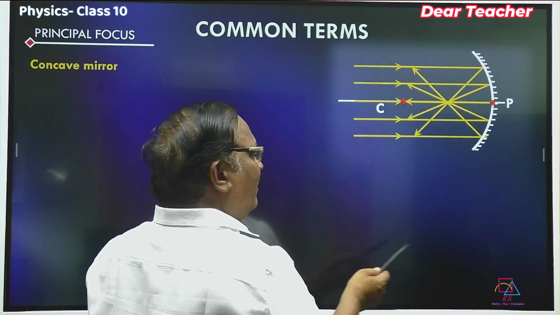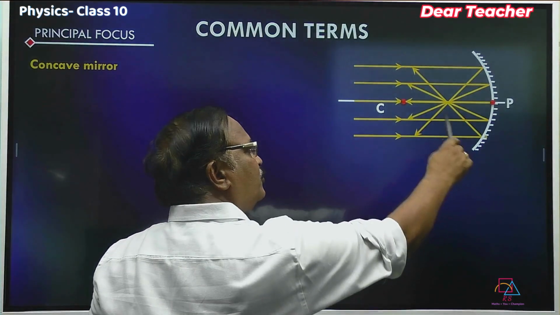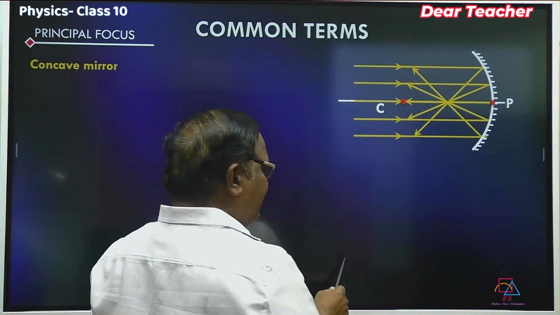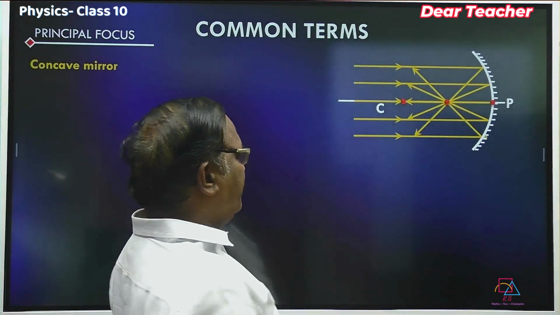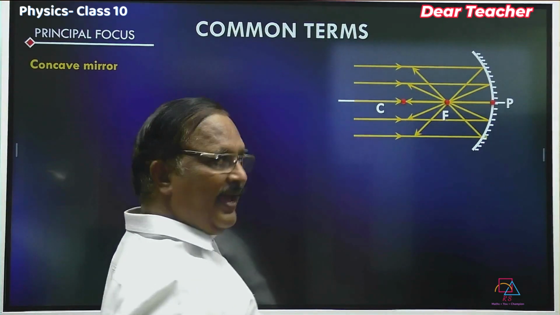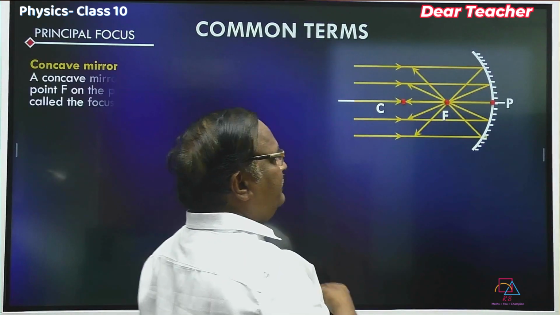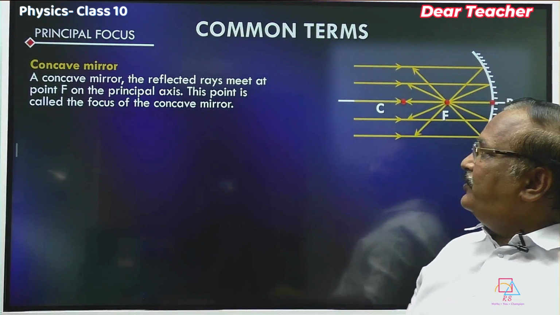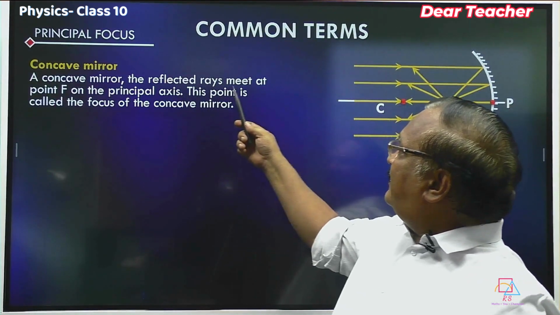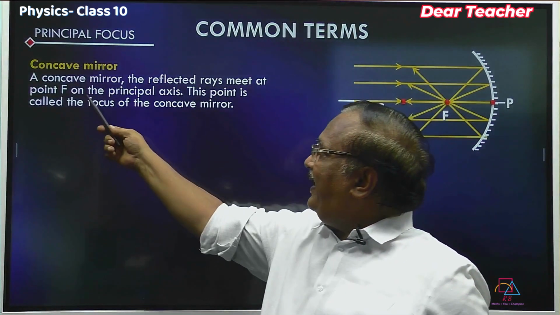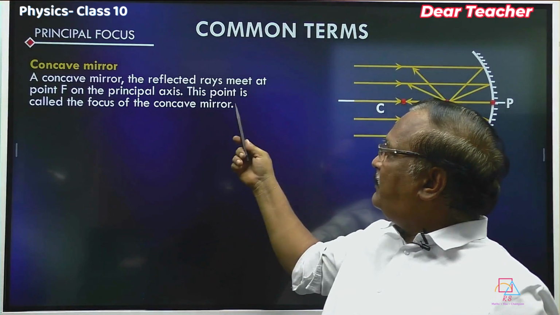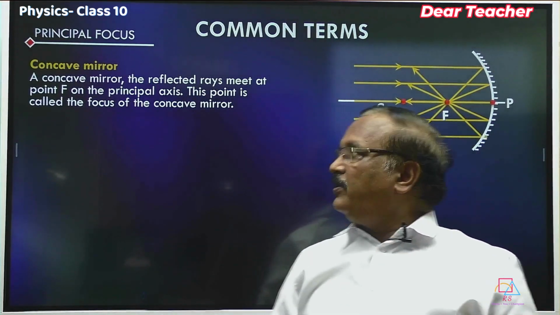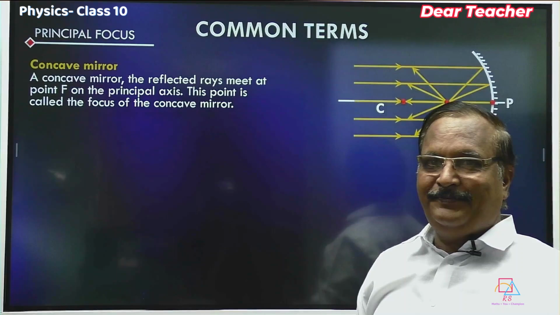They reflect all the rays, goes through a point, and that point we call it as F, and F is nothing but principal focus. So concave mirror, the reflected rays meet at a point F on the principal axis, and that point we call it as a focus of the concave mirror.